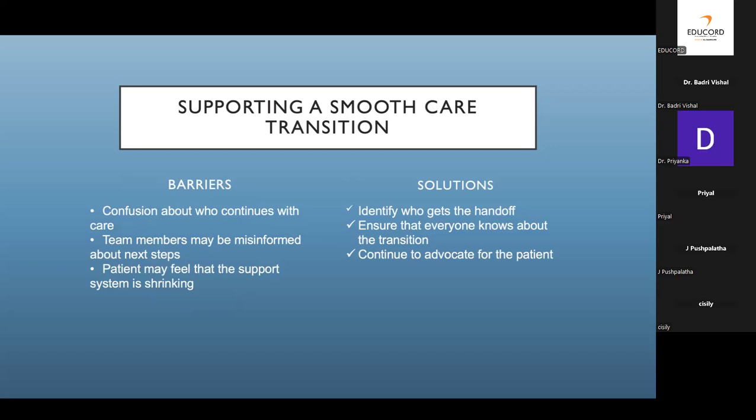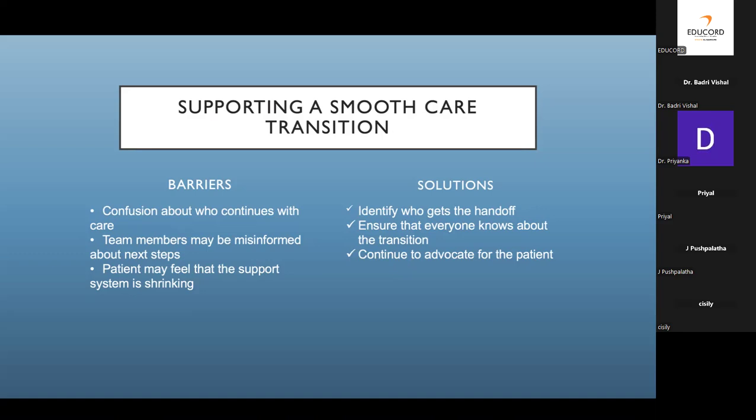Ensure that everyone knows about the transition. Make sure that the whole team involved in patient management knows about the transition and continues to advocate for the patient. If the patient has transitioned from your department and moved to another specialty, and refers back to you for any follow-up or feedback regarding the therapy, in the future or at present, you need to be available to the patient.